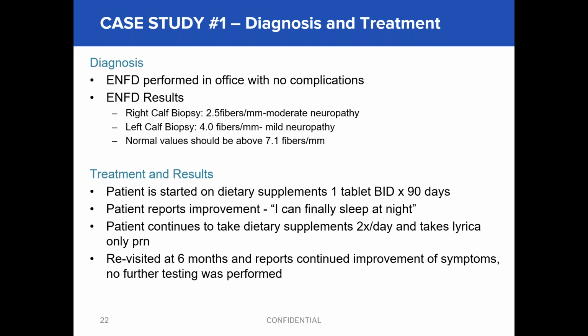He revisited us at 6 months and reported continued improvement. We didn't really need any additional treatment for him because, again, he had mild to moderate neuropathy. So really the daily supplements and the occasional Lyrica is what he needed. Most of us don't get those vitamins in our diet, so it is important to take them as a supplement to really provide and improve nerve health.